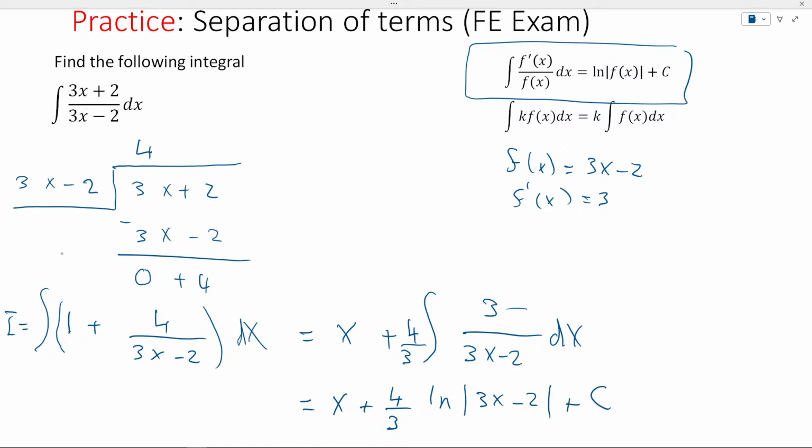Okay. So this is basically like integration by parts, and this is something you can easily find in the FE exam. I think I got these problems from FE exam books.